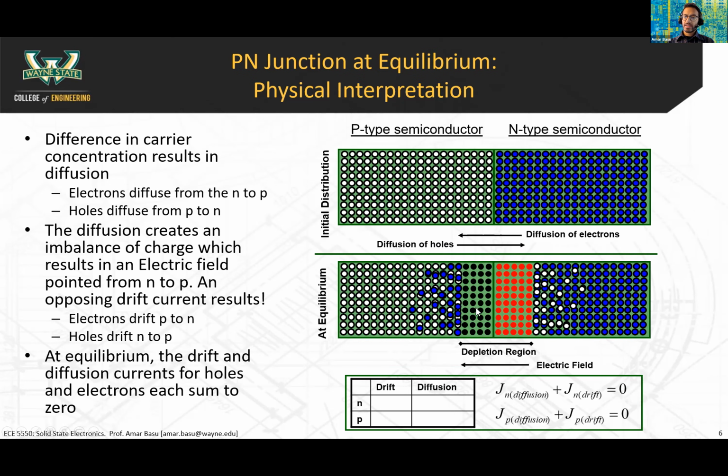And when they do that, they leave behind this depletion region, space charge region. You can see the holes have diffused over to this side, and then they start to recombine because there's so many electrons here. The holes will find an electron and recombine. Similarly, the electrons diffuse over to the left side where there's a lot of holes, and they also will recombine.